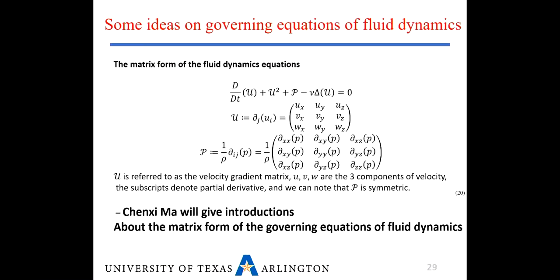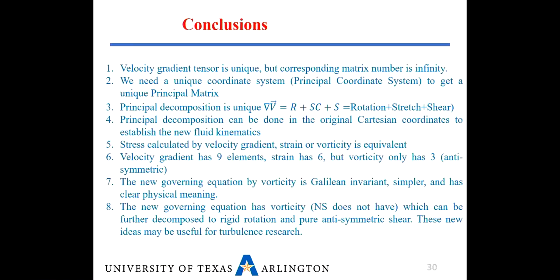Well, I just tried, we are almost at the time. So the conclusion is that the velocity gradient tensor is unique, but the corresponding matrix number is infinite. That's to say, this is physics, and this is the mathematics, and this is not unique.